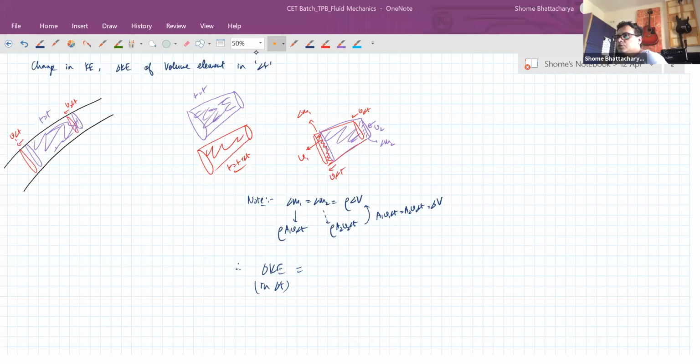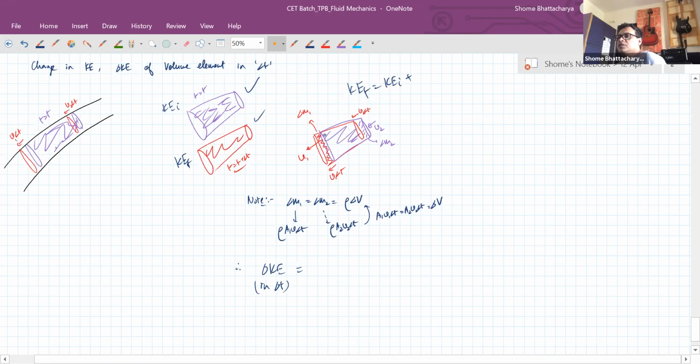Yeah, sorry about that. So the change in kinetic energy you can see is, now if you compare this picture with this picture, here compared to the kinetic energy initially, if this one has some final kinetic energy, so from this diagram you can understand that this final kinetic energy is equal to the initial kinetic energy plus the energy of this section.